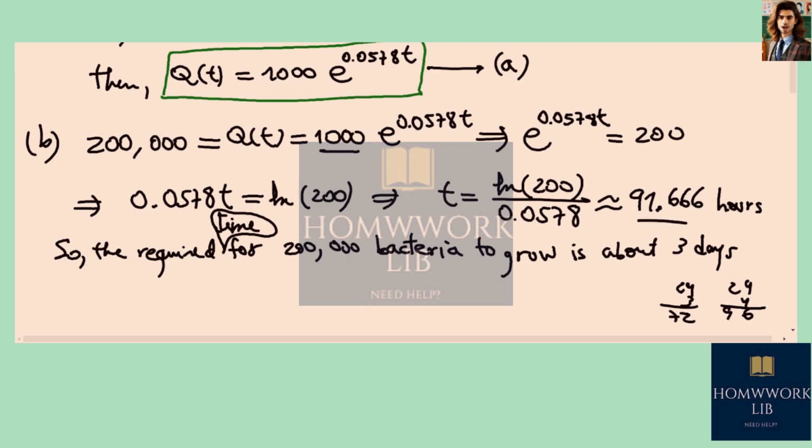So it's 3 days, and the remainder, which is 91.666 minus 24 times 3, is almost 20. So it's 3 days and 20 hours. That's the time required for the bacteria to grow to the number 200,000, or equivalently to have in the colony in the lab 200,000 bacteria.